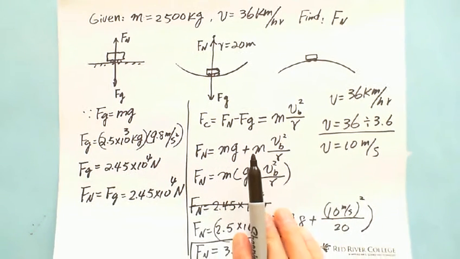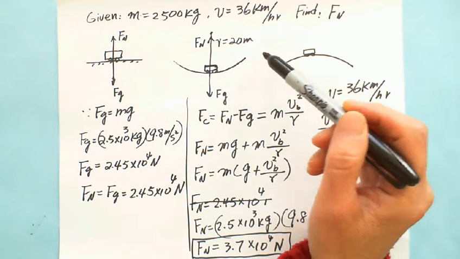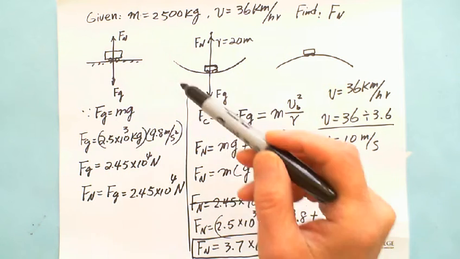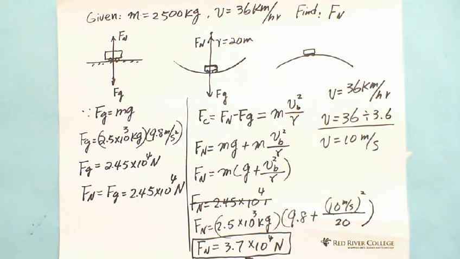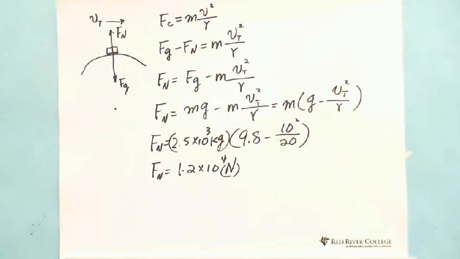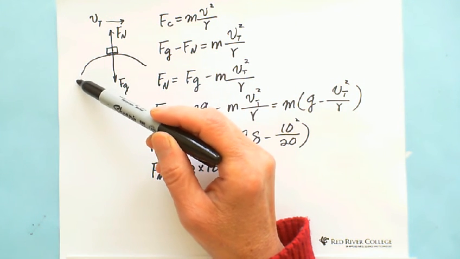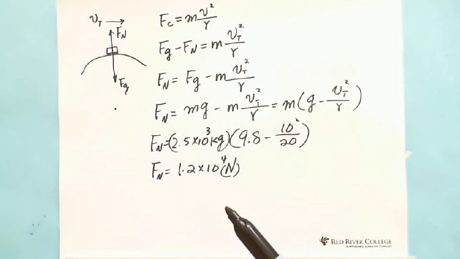When driving on the circle shaped road that is concave up, at the bottom the normal force is 3.7 times 10 to the 4 Newtons. And when driving on this shape, which is concave down, the normal force is smallest, 1.2 times 10 to the 4 Newtons.